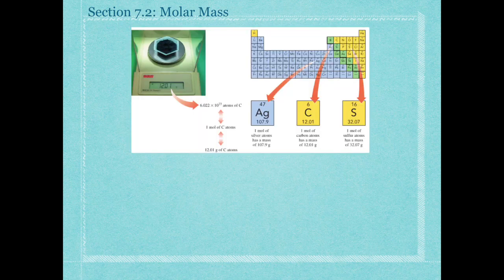Now, the cool thing is that the average atomic mass that we've been using, for example, silver is 107.9 AMU, 107.9 grams of silver is in 1 mole. Okay? 12.01 grams of carbon is in 1 mole of carbon.